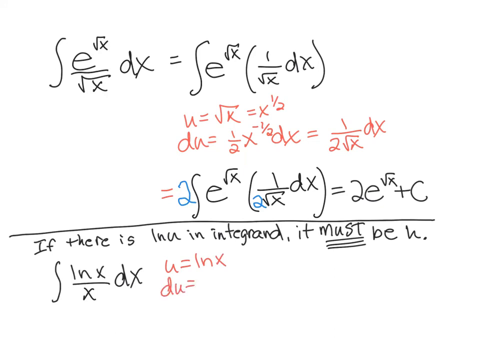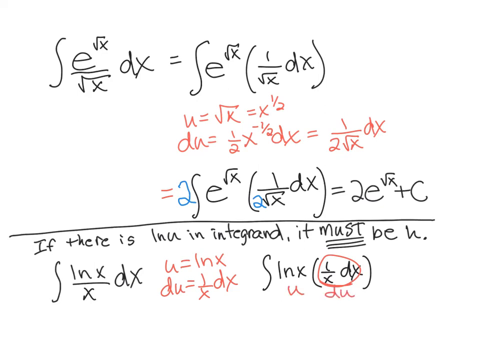So now when I choose my u, I have to make that the ln. Take the derivative of that. Look at that. There's an x in the denominator. So if I rewrite my problem as the ln of x times everything else in the question, I have 1 over x dx. Well, guess what? That is my perfect du right there. So I've got this guy is u, and this guy is du.